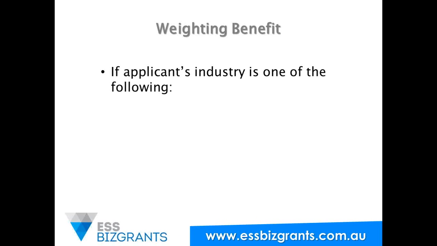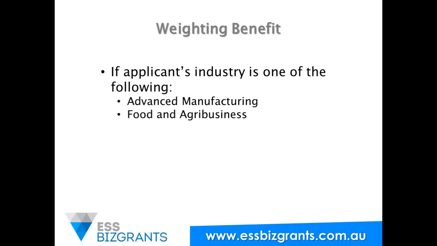And in weighing the benefits, there will be some weighting given if the applicant's industry, where they're operating, is going to be one of the 5 major industry groups that the federal government has identified as part of the Entrepreneurs Infrastructure Program. Now the first one of those is advanced manufacturing.